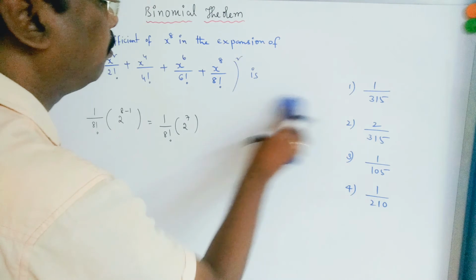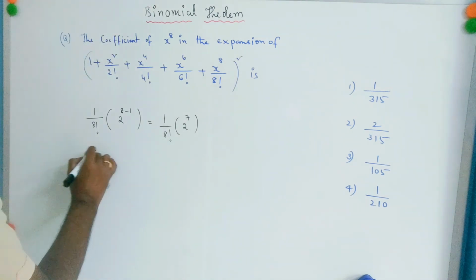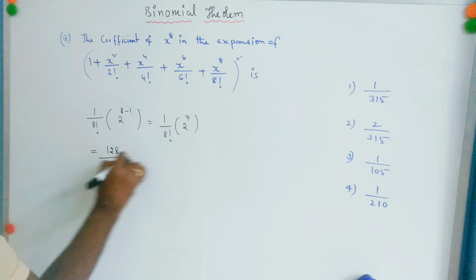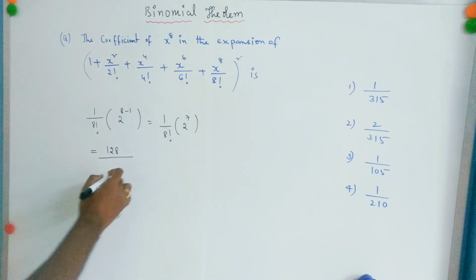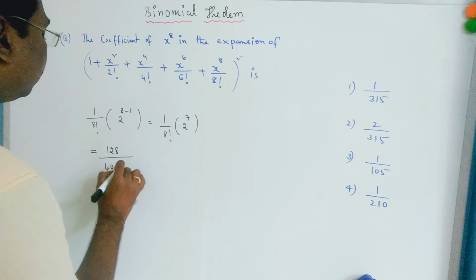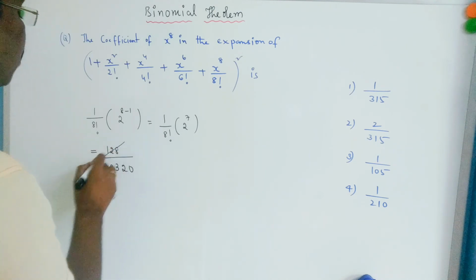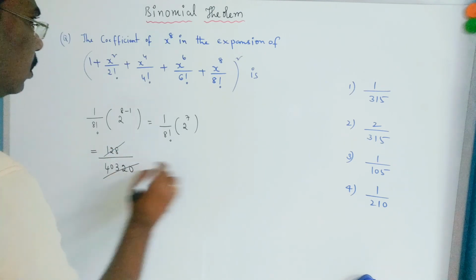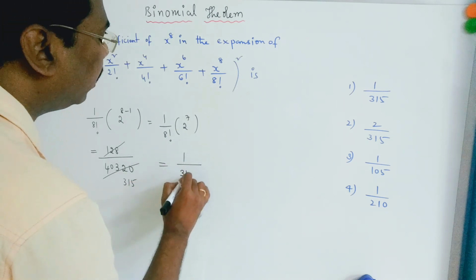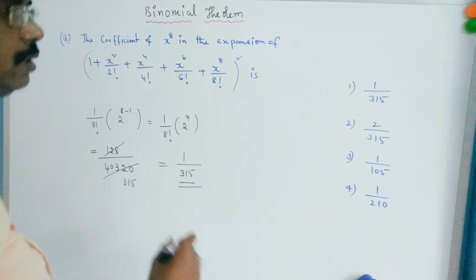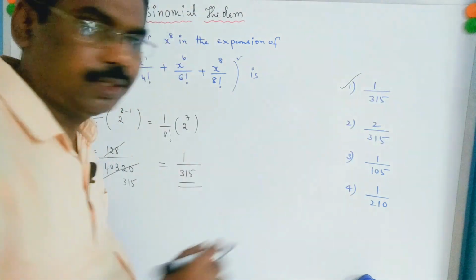Now 128 by, now 8 factorial value is 40320. Now 128 ones, now 315s is equal to 1 by 315. Therefore, option 1 is the correct one.